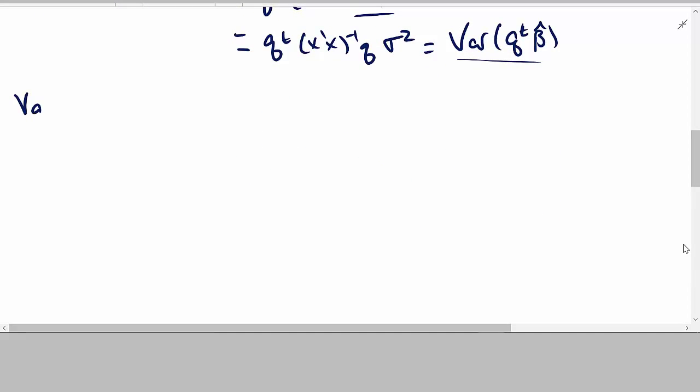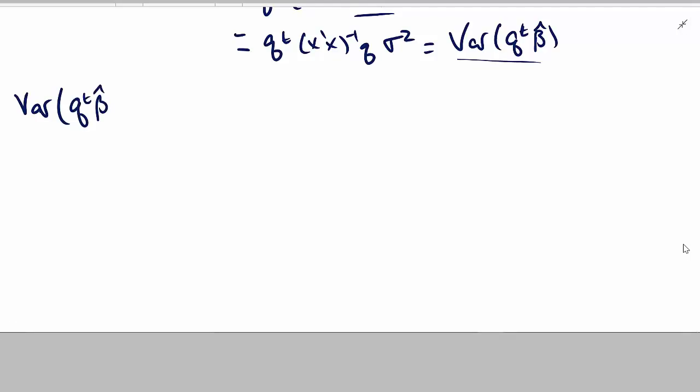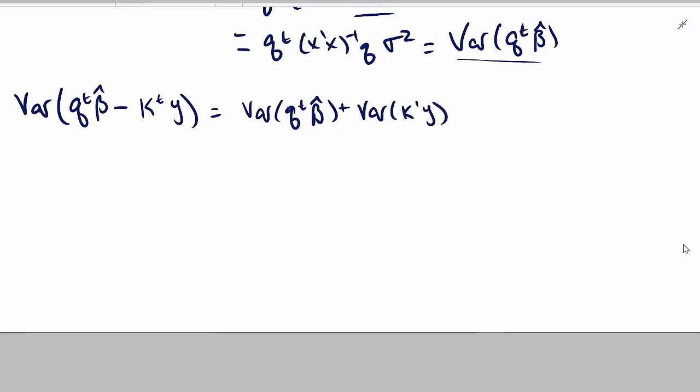Now, I'm going to take the variance of Q transpose beta hat minus K transpose Y. Well, by our definition of variances, that's the variance of Q transpose beta hat plus the variance of K transpose Y minus 2 times the covariance of Q transpose beta hat and K transpose Y. Now we know the covariance just factors out as twice the covariance because in these cases they're scalars.